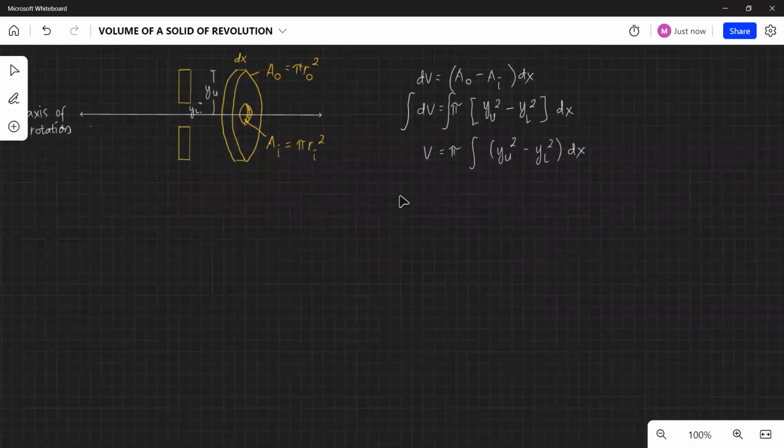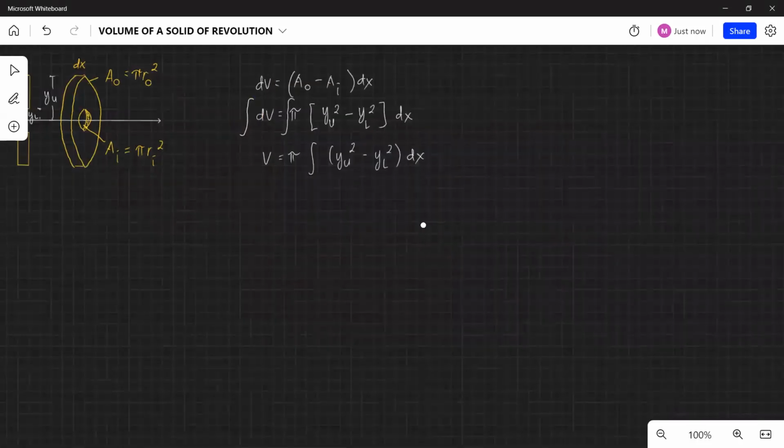So if we're going to use a horizontal strip, just replace x with y and y with x. And for a horizontal strip, instead of using upper and lower curves, we use the terms right and left curves.